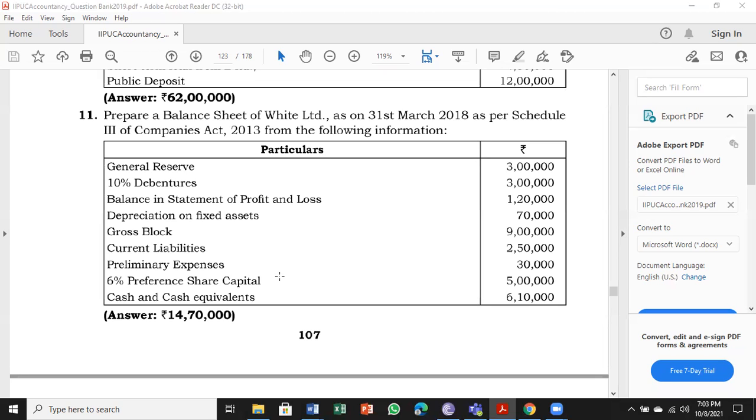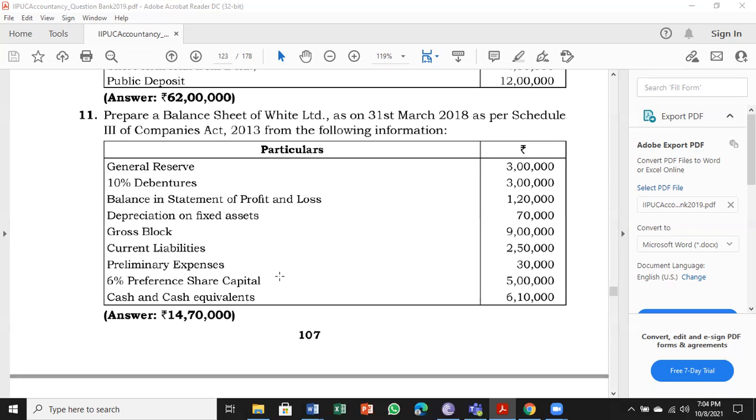Next, current liability is a liability itself. Then preliminary expenses. Preliminary expense is a loss. So loss comes under other non-current assets. So loss is an asset. Profit is a liability, as profit is to be paid to the shareholders by the company.